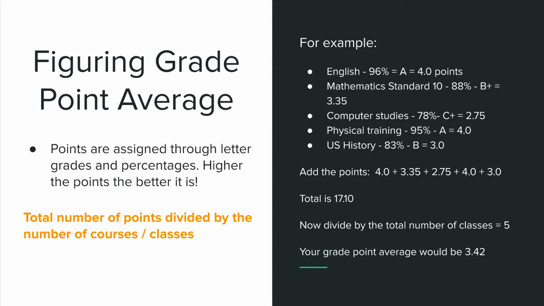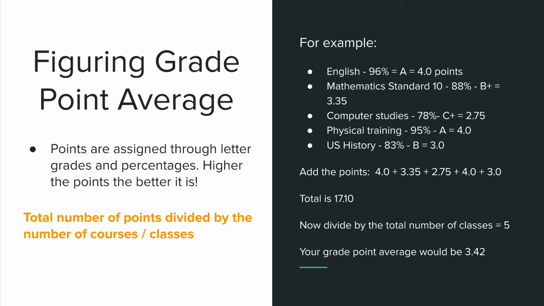For Computer Studies, you have a 78%, which the teacher assigned a C plus, which was 2.75 points. Physical Training, 95%, which is an A, which is 4 points, and U.S. History, which is 83%, which was a B, and that's considered 3 points.